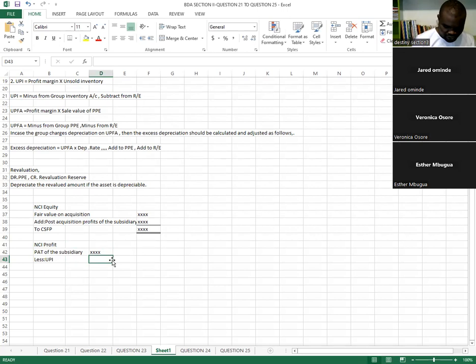If it is not them, don't subtract. So you take away the unrealized profits on inventory. You also less depreciation on one condition, that the subsidiary is the one depreciating that asset.